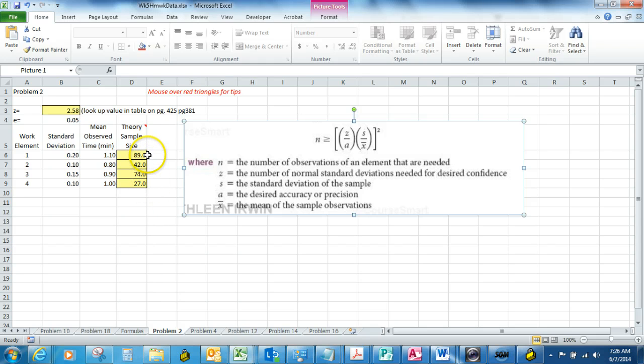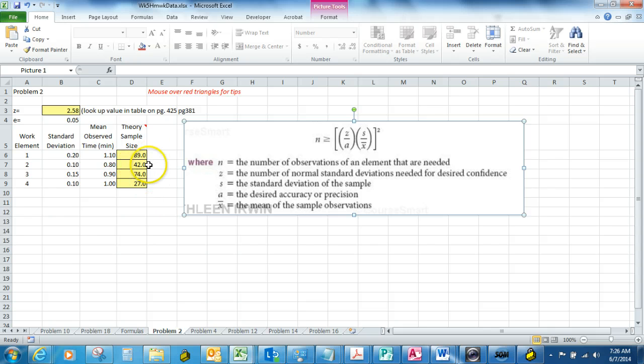But what we want is to round up, because you can't have part of a person, or part of an item, or part of a time frame. As soon as you go over a number, then you have to go to the next time frame. So in theory, you always have to round your sample size up.